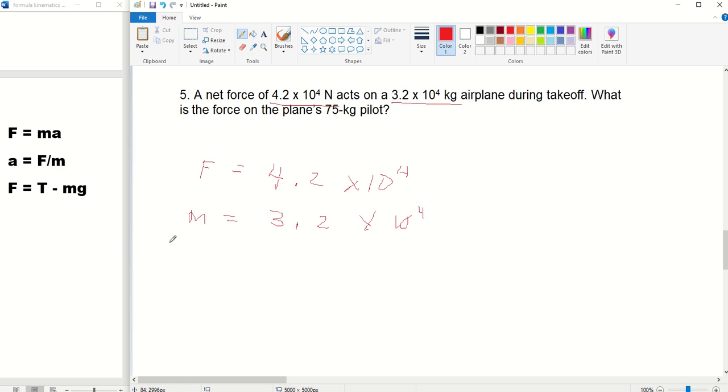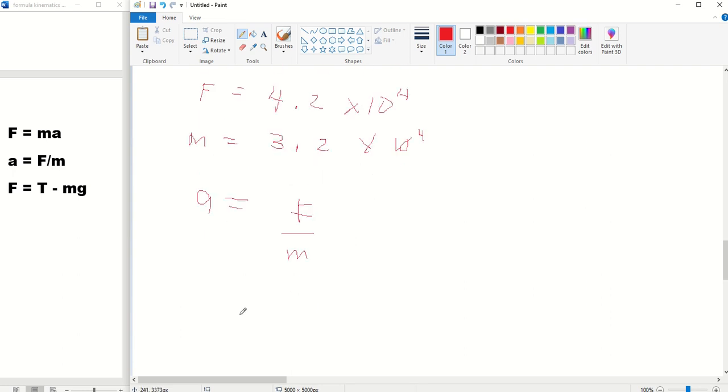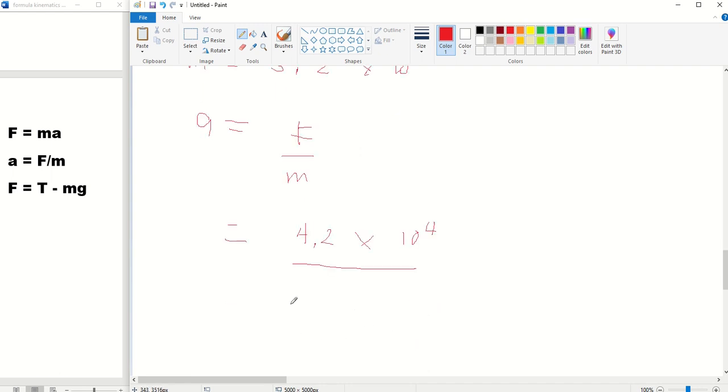So ngayon, let's solve for acceleration muna. Acceleration is equal to force over mass. Ayan. Ang force natin is 4.2 times 10 raised to 4. Ang mass natin ay 3.2 times 10 raised to 4. Napansin nyo pareho silang times 10 raised to 4, so pwede na natin i-cancel out tong 10 raised to 4.